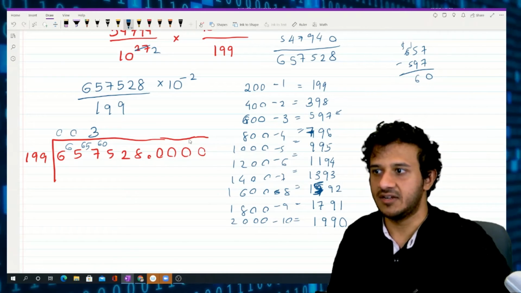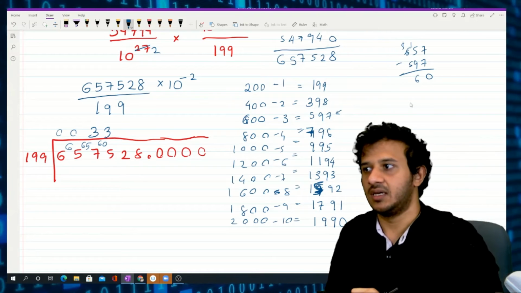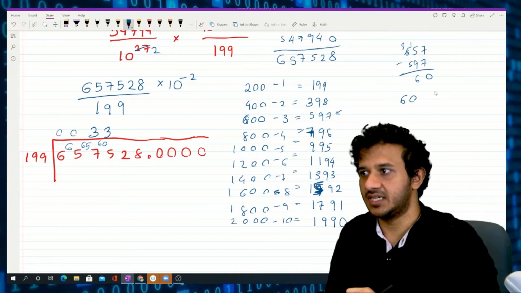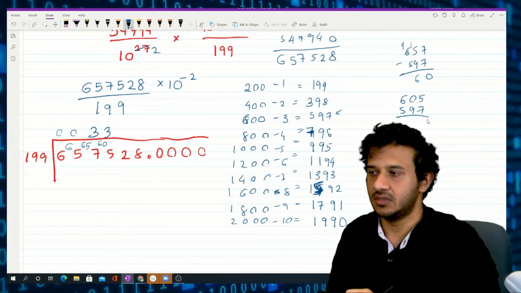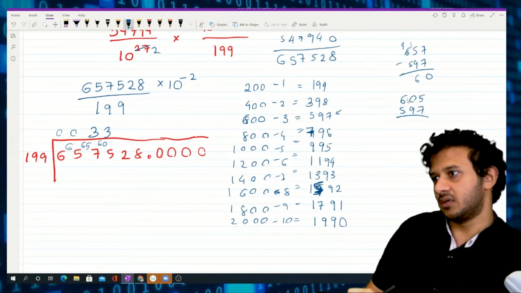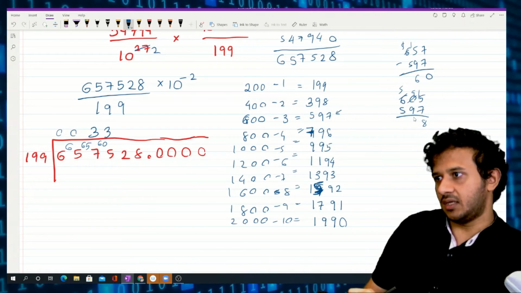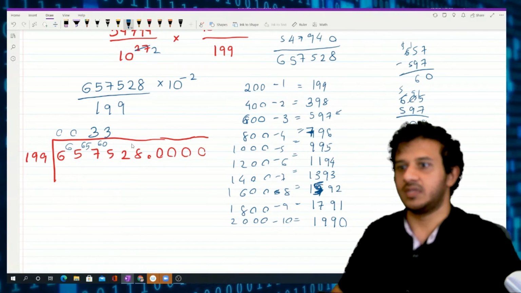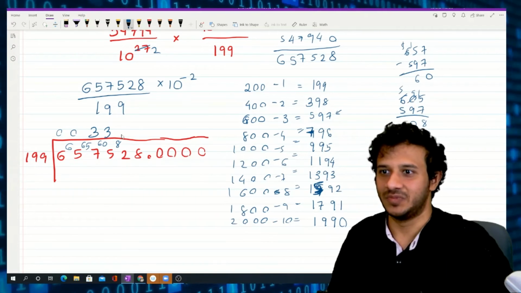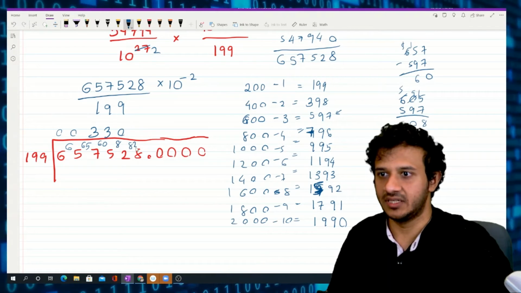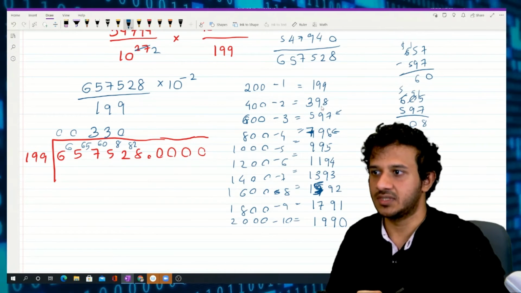Now for 605, again the same amount, 3, and from 605, if I take the 597 out, that will give me 8. I should have thought about that. So 828 will be this much, which is the fourth number.